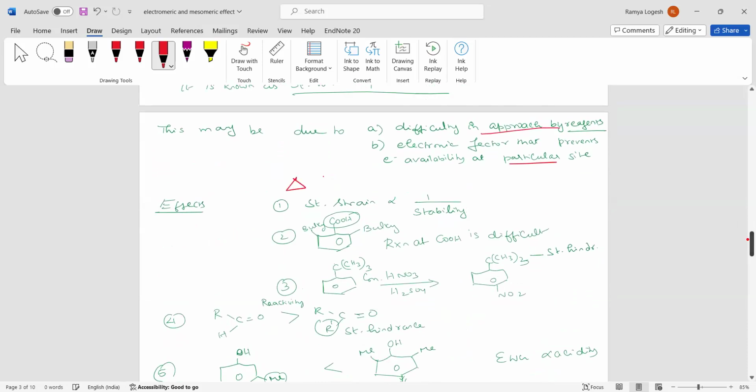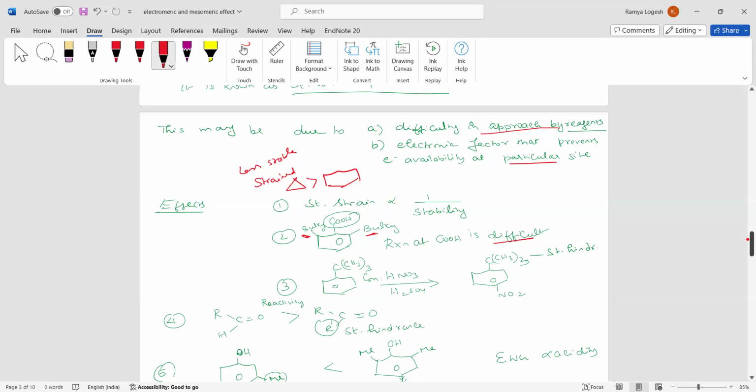In the last class, I told you, when you compare cyclopropane with cyclohexane, cyclopropane is more strained. Therefore, this is less stable. Go for this: you have carboxylic acid here. If I want to do some esterification reaction at this carboxylic acid, and I add two bulky groups at its ortho position, the reaction at COOH is very difficult.